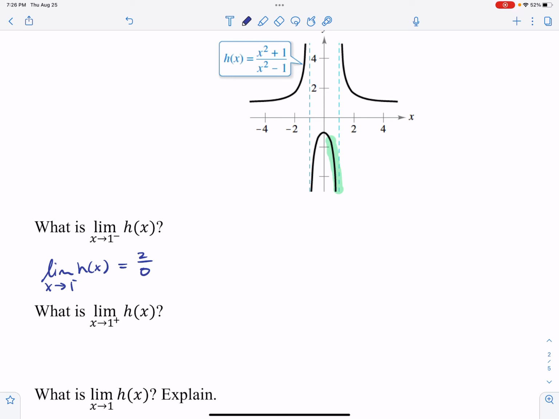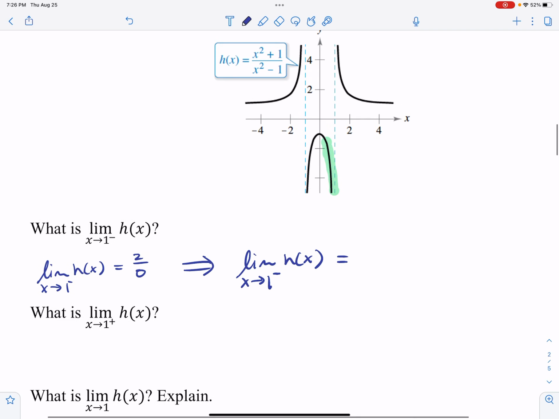So we're not going to leave this limit as equal to 2 over 0. So we're going to rewrite this as the limit as x approaches 1 from the left of h of x is equal, and we can see from the graph that that's going to be equal to negative infinity, but just to confirm, using a test value.